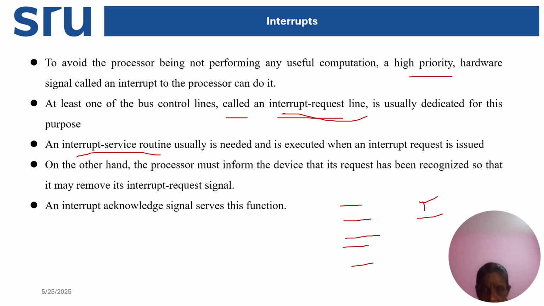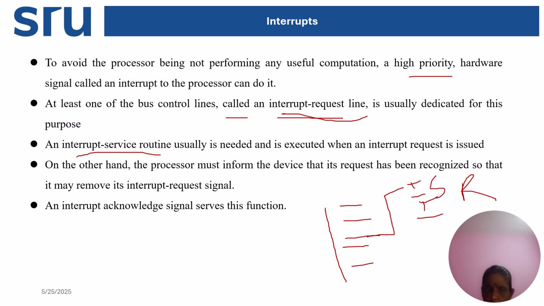After getting the interrupt signal, control transfers to the ISR, which is stored in some other memory location apart from these consecutive memory addresses. In that ISR, during that period, the IO device completes its transaction from memory to processor, or IO to processor, or IO to memory, whatever it may be. Anyway, data transfer occurs during this period.